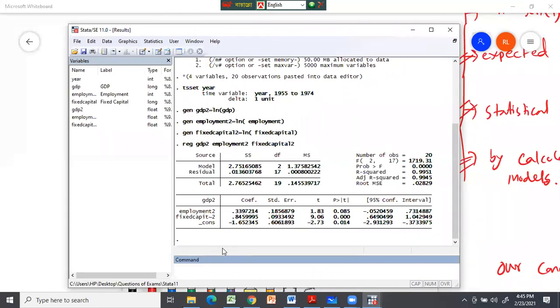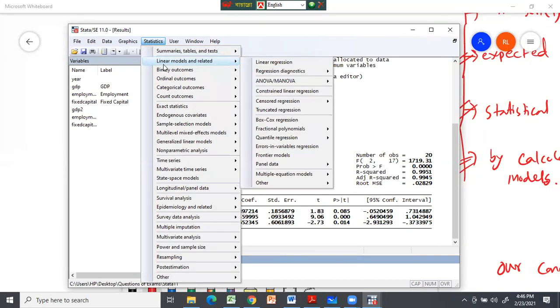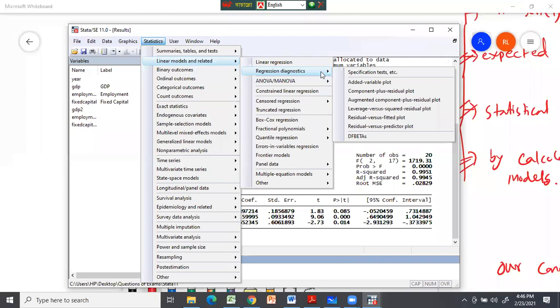Another thing, the output we have estimated for a multiple log linear model in the earlier session. If you want to go for any diagnosis test, I'm just writing the comments here, or just showing you the path for how you conduct the diagnosis test of this data set.